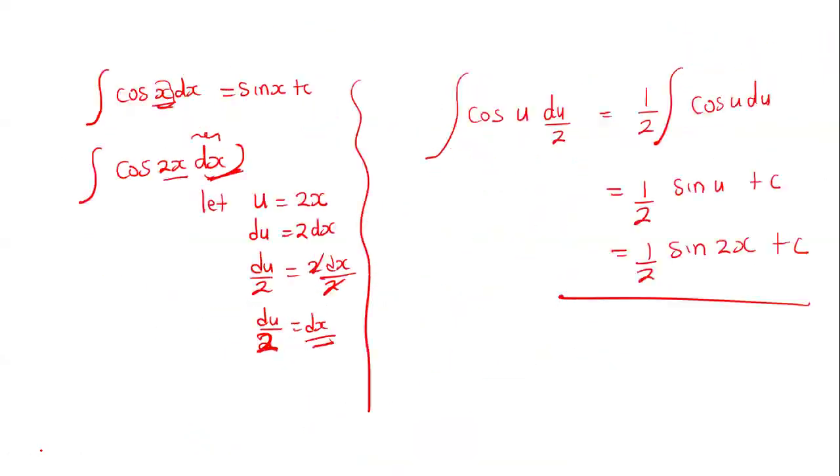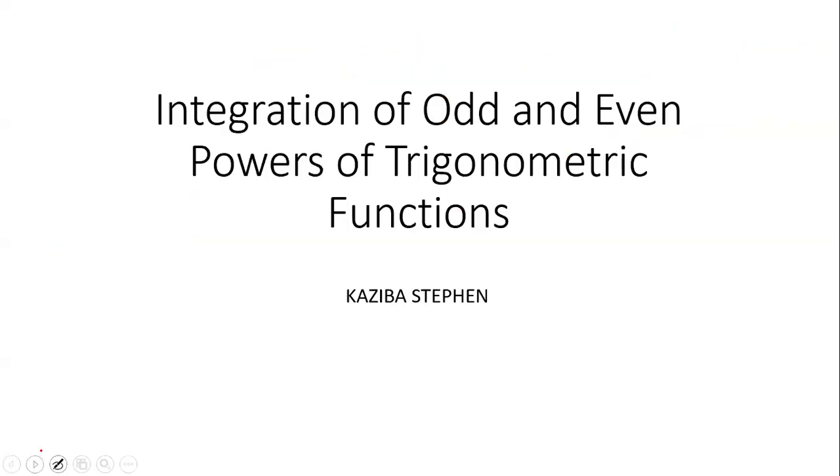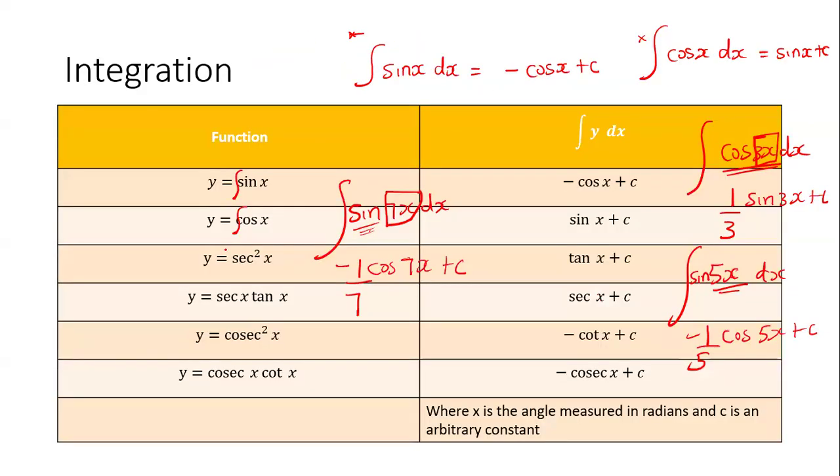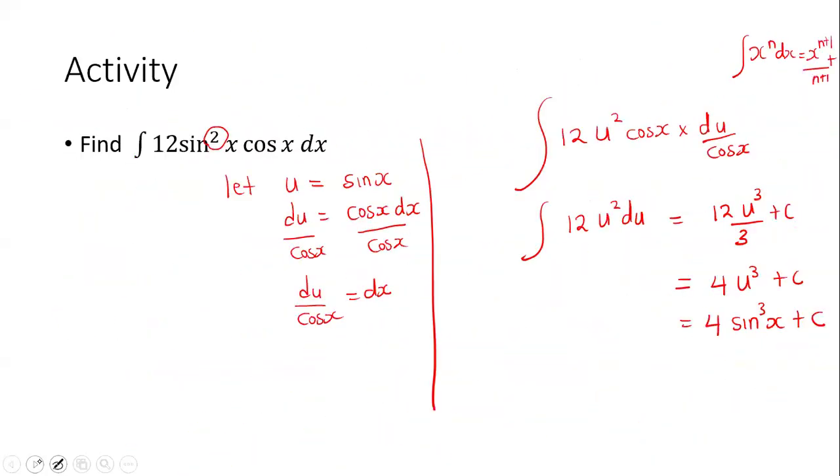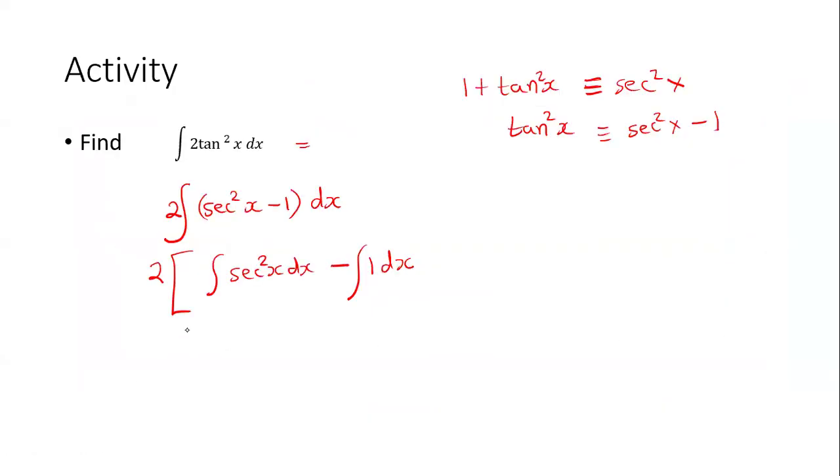Going back to the table, when I integrate sec squared x, I'll get tan x. So whenever you find the integral of sec squared x, you get tan x.